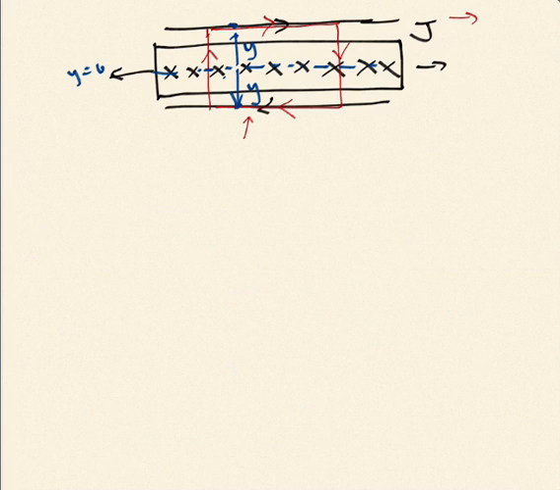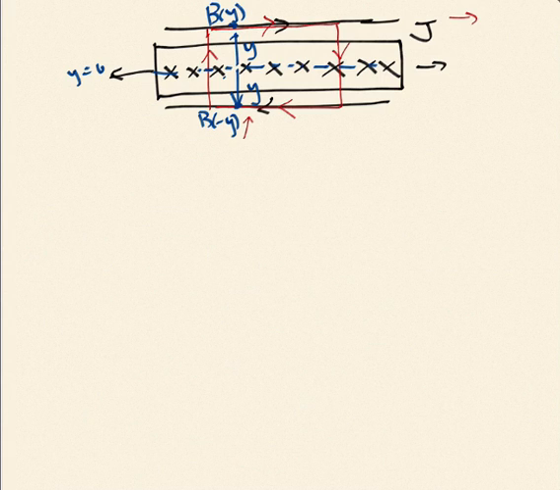The direction is opposite, but the strength has to be the same, because there's no reason why the strength would be different on one side of the sheet and the other side at the same distance. Everything looks the same, just the directions are reversed. So the strength of the field here, B at y, is the same as B at minus y. Not the direction, but the strength.